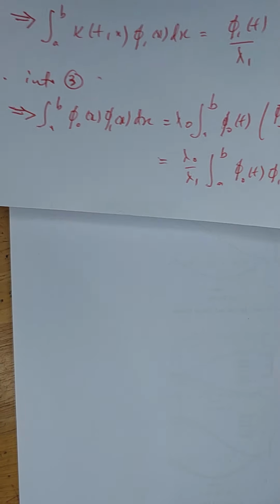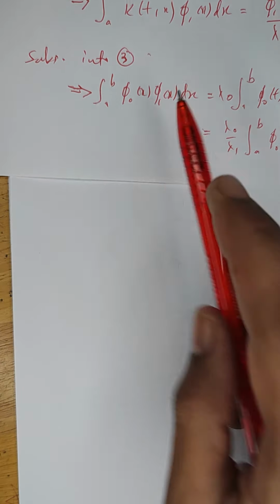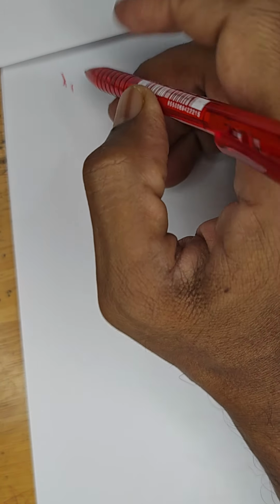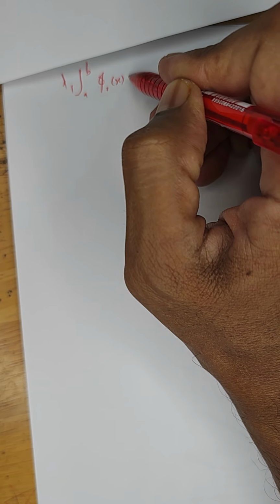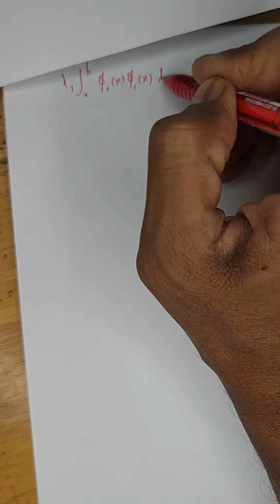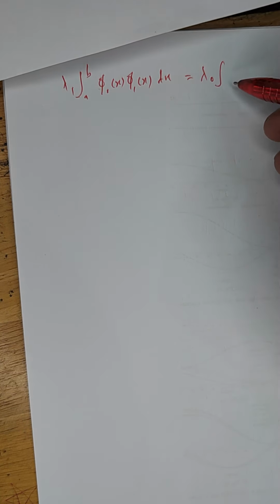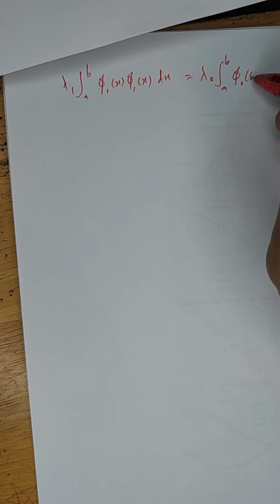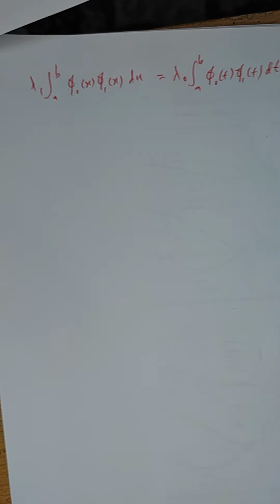Okay, from here we can multiply lambda 1 to the left side, so what we have is lambda 1 times the integral from a to b of phi naught x phi 1 x dx. This is lambda naught times the integral from a to b of phi naught t phi 1 t dt.